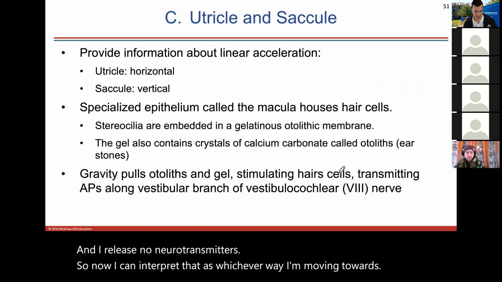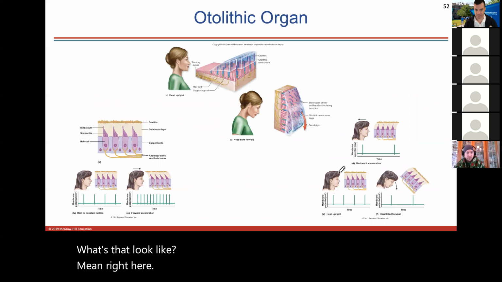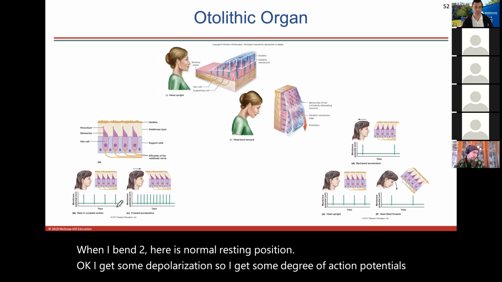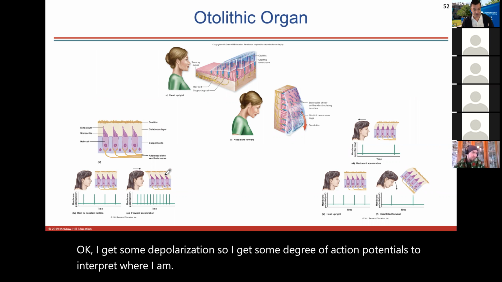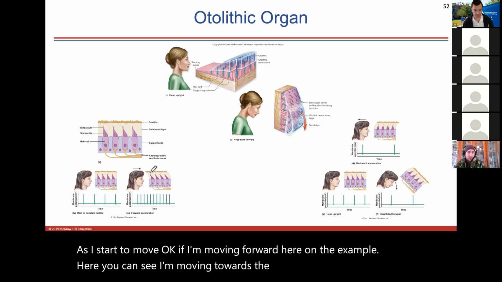What's that look like? Here's the normal resting position. I get some depolarization, so I get some degree of action potentials to interpret where I am. As I start to move, if I'm moving forward in the example, here you can see I'm moving towards the kinocilium, the tall guy, and I increase my depolarizations.